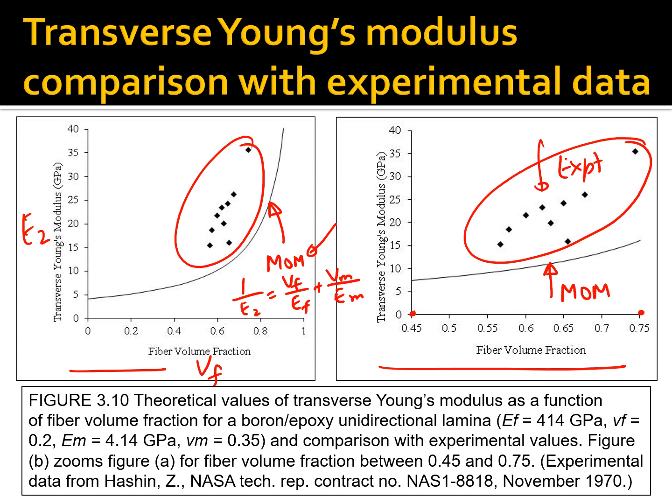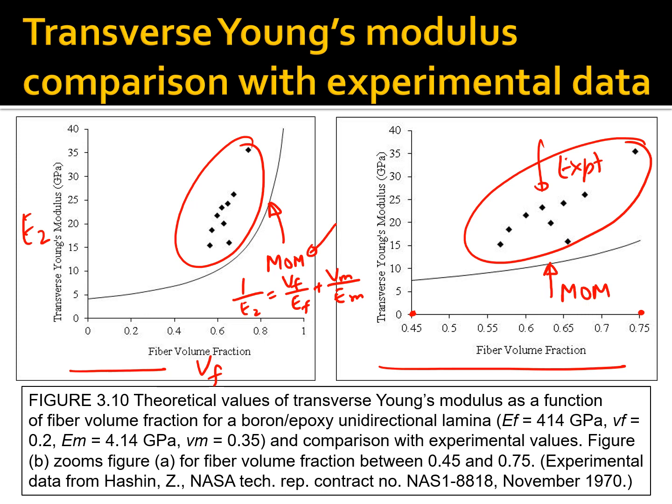So there are two of the elastic moduli. One is E2, which we just talked about, and there will be another which is G12, the in-plane shear modulus. And in fact, for both of those, the experimental results are not very close to the theoretical results from the mechanics of materials approach. So we have to somehow come up with a better model to use, and that's called the Halpin-Tsai equations.